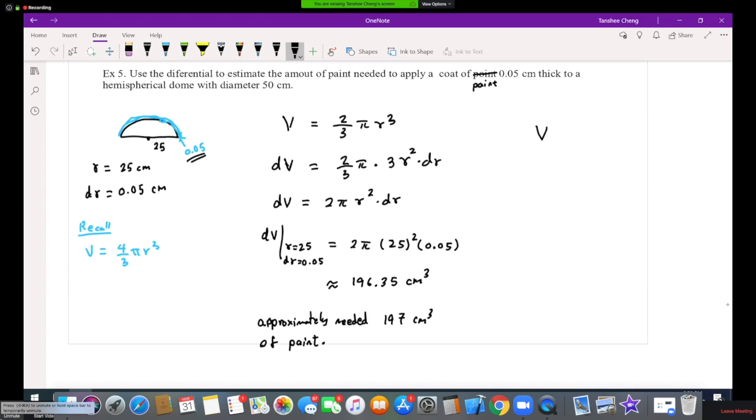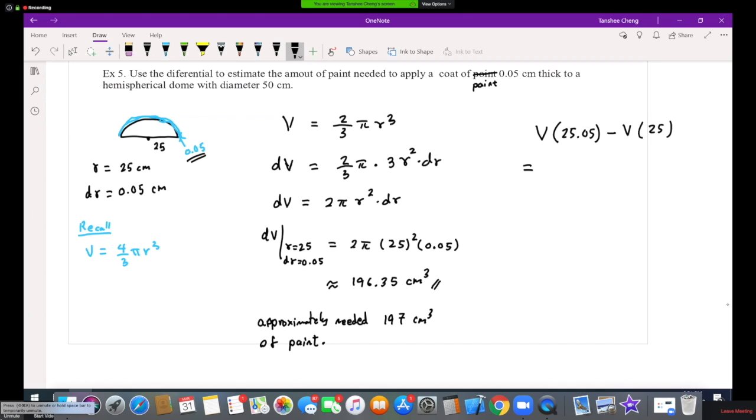That means we want to find the volume of the hemisphere with the radius of 25.05, that's the whole thing, minus the volume with radius 25, which is before you paint it. The difference in this value should be close to the differential that we found as an approximation, because that's very close, since we only want 0.05 thickness.